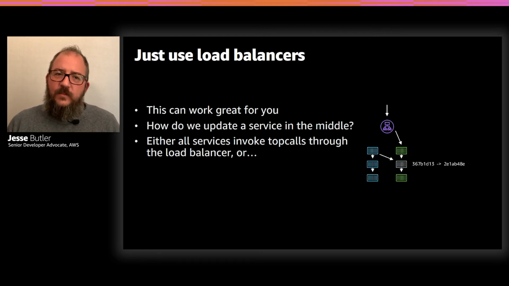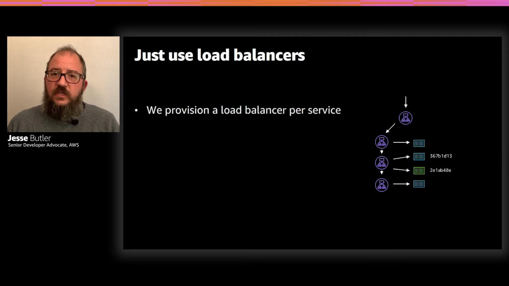But what happens if those stacks aren't replicas of a monolith, but rather several microservices working together? What happens then is you end up either having every service make calls through the load balancer, or every service needs their own load balancer, or a group of services that can share an endpoint would need their own load balancer.